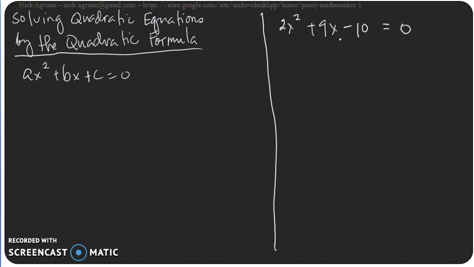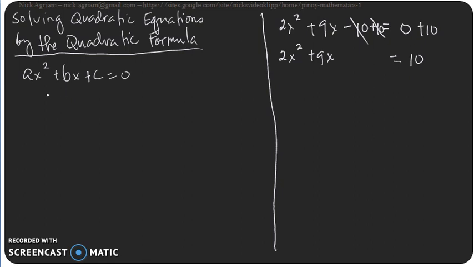What we did before is we don't want the constant on the left-hand side of the equation, so we made that 0 by adding or subtracting. In this case, we add 10 to both sides of the equation. So we have 2x squared plus 9x is equal to 10.